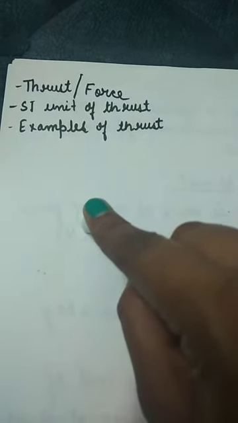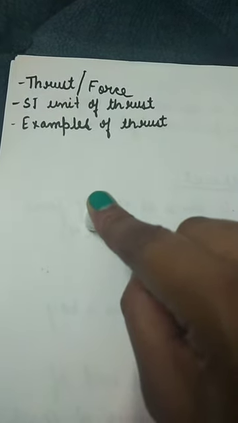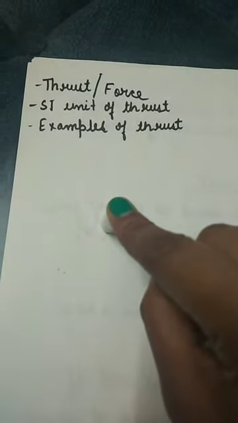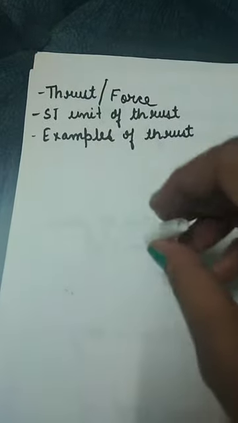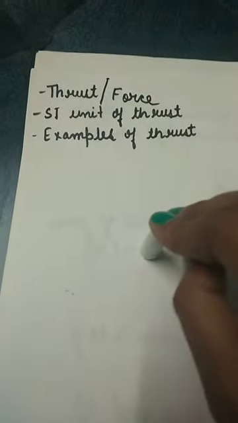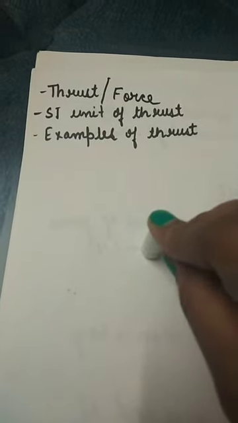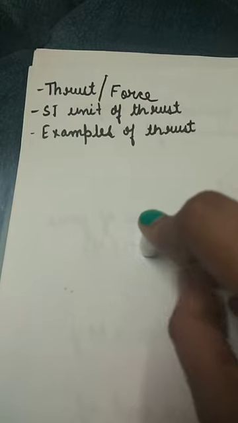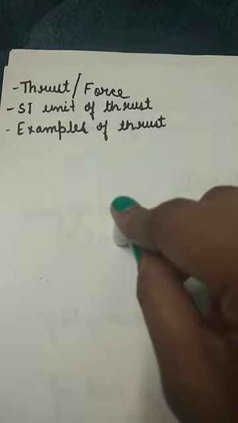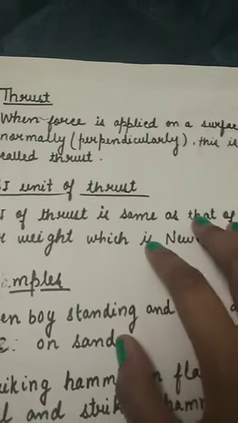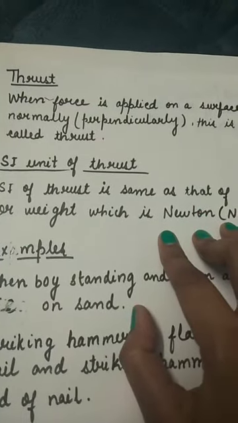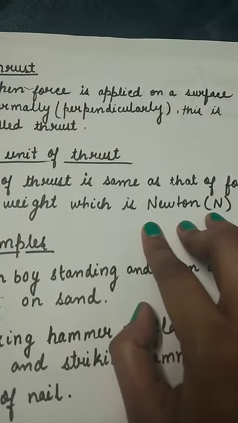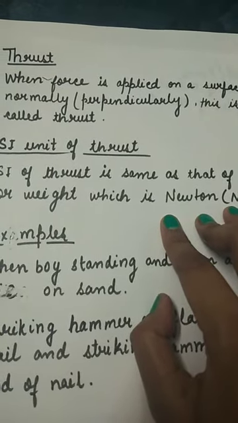To be very clear, whenever we apply force on any body perpendicularly or normally to a plane surface, that force is termed thrust. So we can understand the definition of thrust as: when force is applied on a surface normally or perpendicularly, it is called thrust.